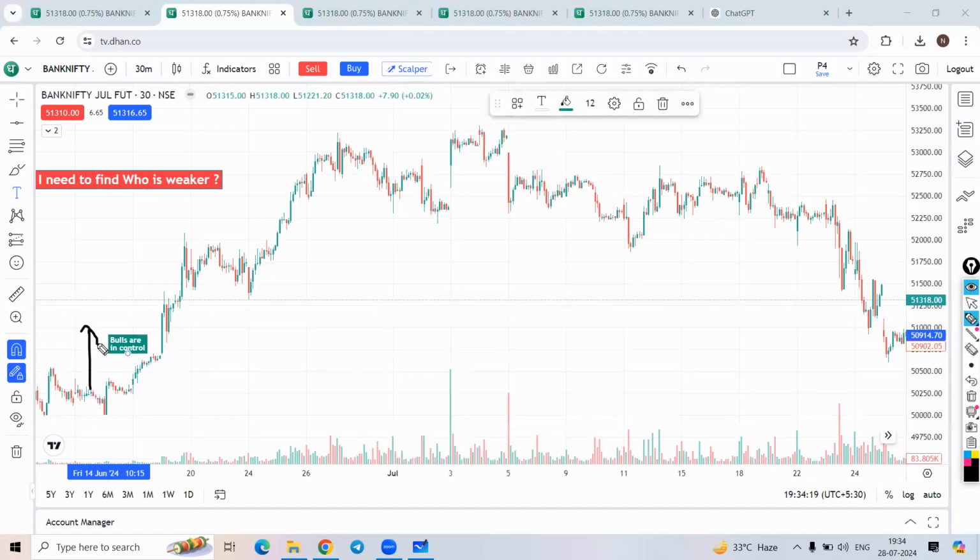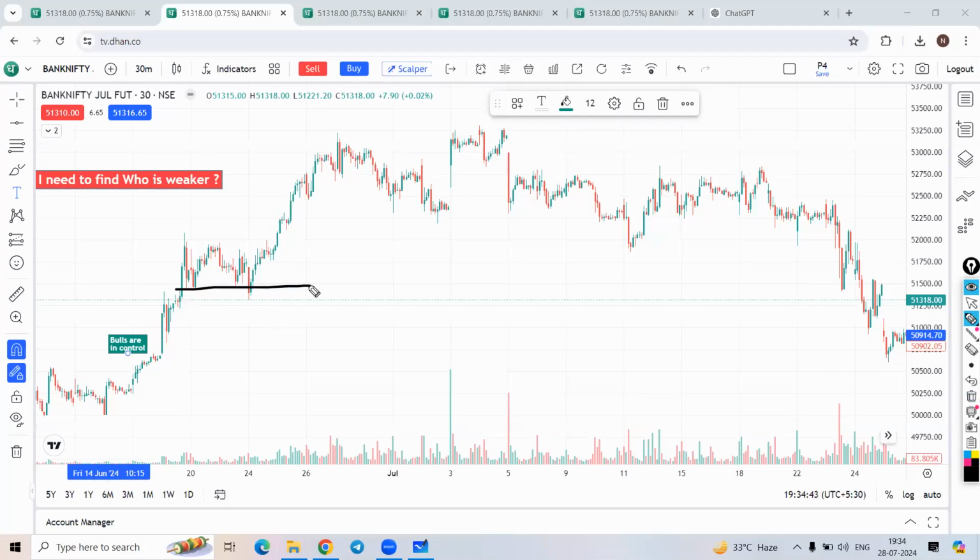Bulls are in control, trying to move the price up. Fine. Price is taking some time here, 2 days of consolidation. And then what is happening? Price going below this 2 days low, immediately reversing, crossing the high and continuing the momentum.